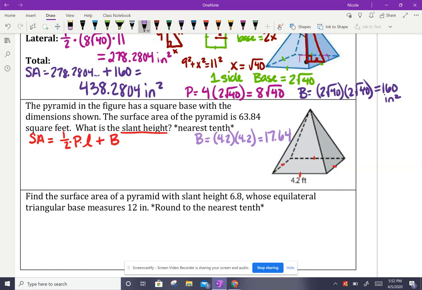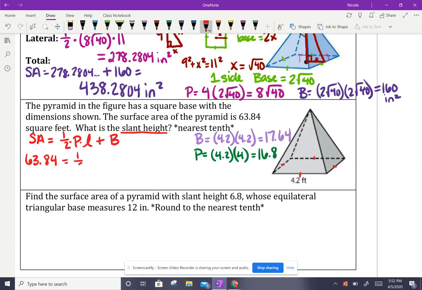And then the perimeter is 4.2 times 4. So 16.8. So I'm going to take these pieces of information and plug them in to our formula we have over here. I know our total surface area is 63.84.